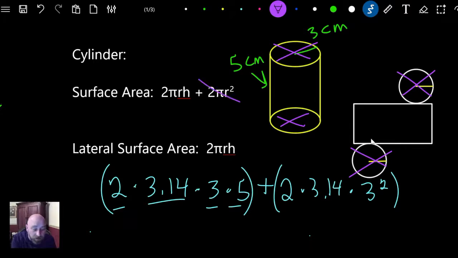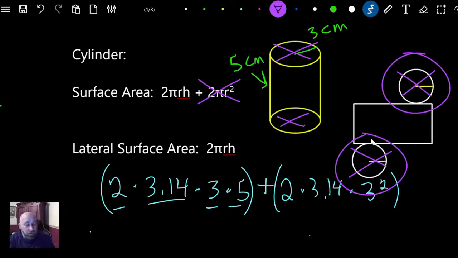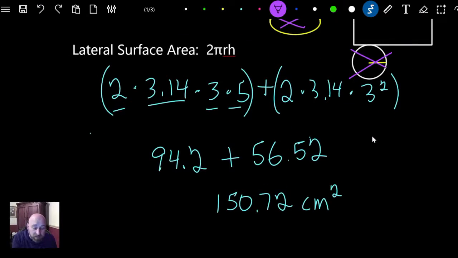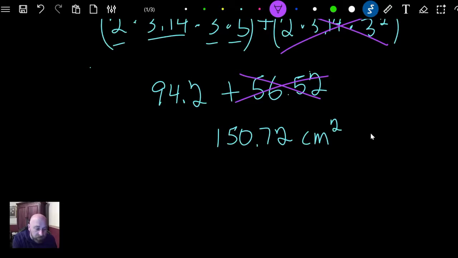We want to get rid of that 2 pi r squared, because that was the circles. That's the part that we want to get rid of. So we just get rid of this second part, so then you don't add it to anything.